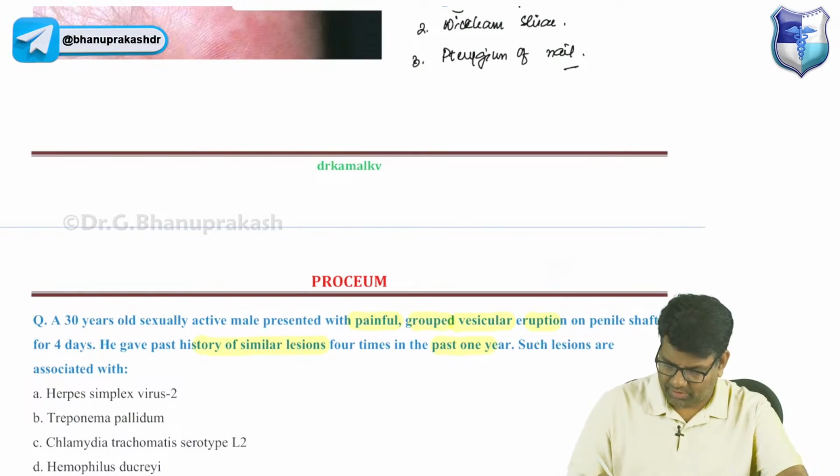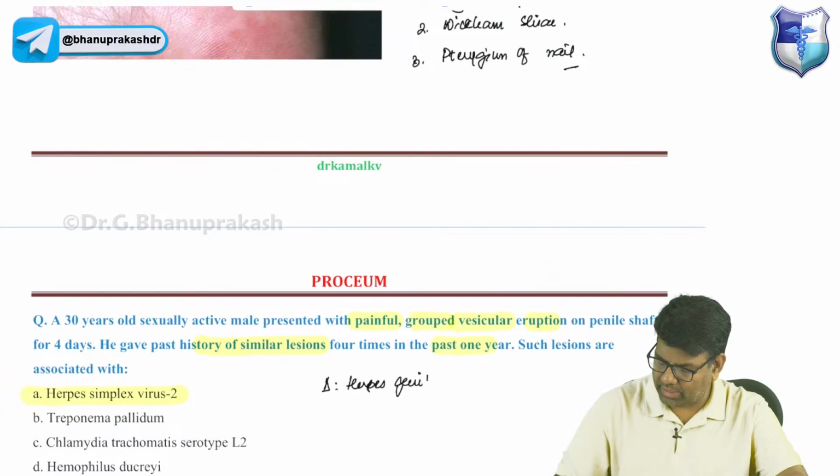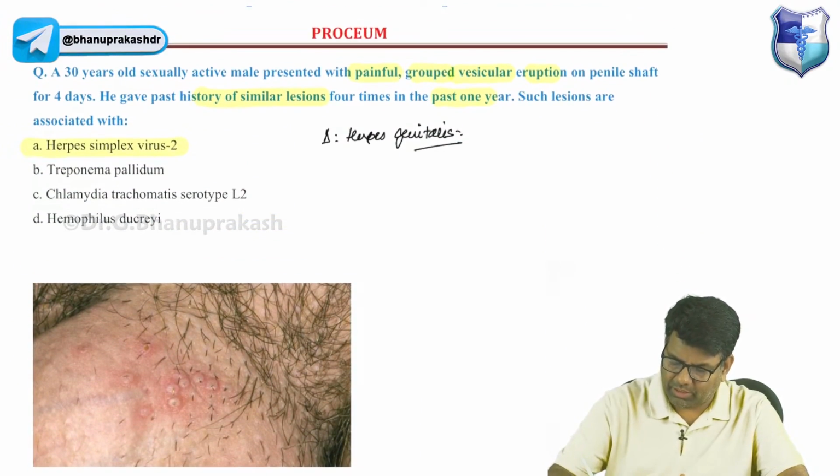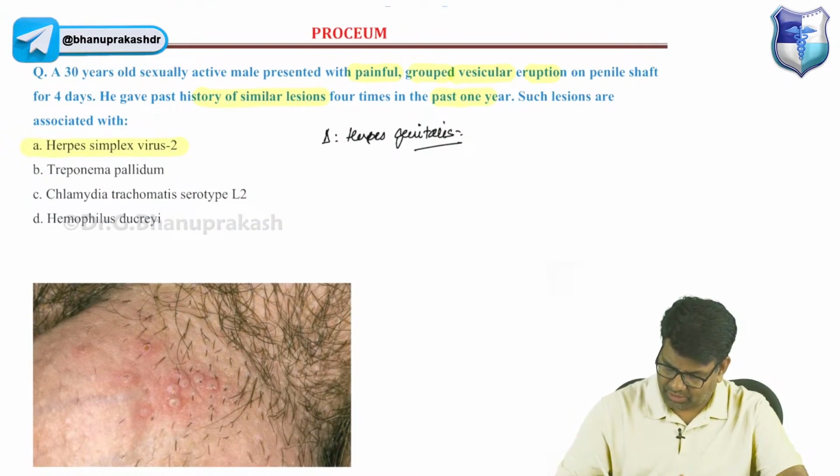Very good, everyone is right. This is herpes simplex virus 2, and the condition is actually herpes genitalis. If you look at the image, you can appreciate grouped vesicular lesions.